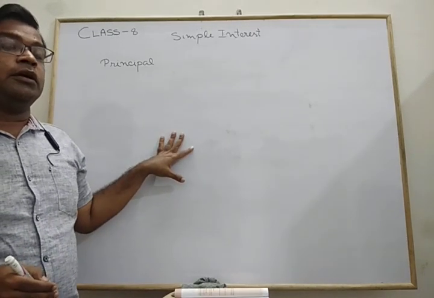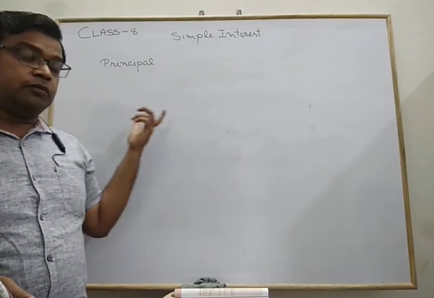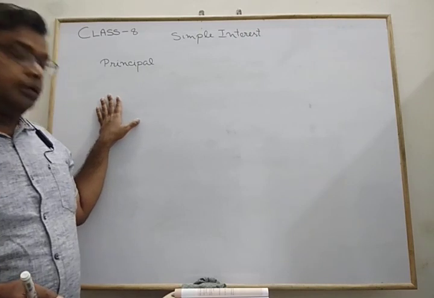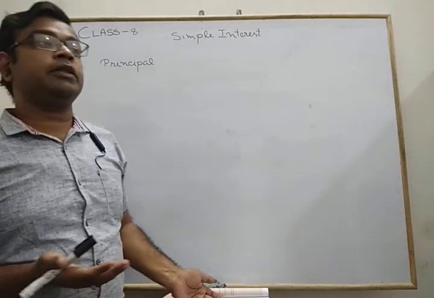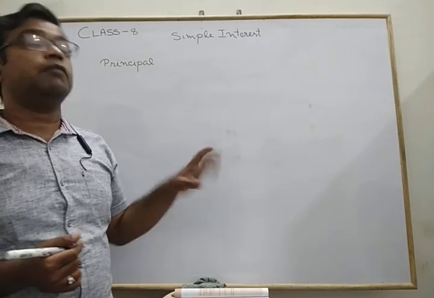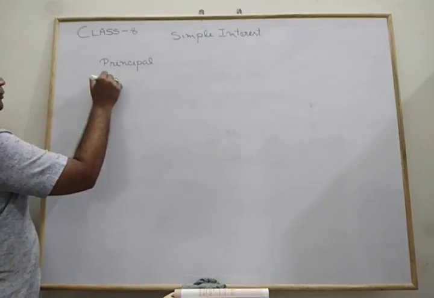Suppose I am giving rupees 100 to one of my friends, so that 100 is the principal. Then, suppose I am giving that 100 rupees for 1 month, or for 1 year, that is the time period. So this is your time.